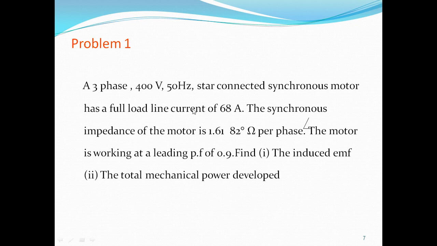So that is IL is equal to 68 amps, and synchronous impedance Zs is equal to 1.61 ohms, and he gave theta is equal to 82 degrees, and the motor is working at leading power factor, that is cos phi is equal to 0.9. Calculate induced EMF and the total mechanical power developed.